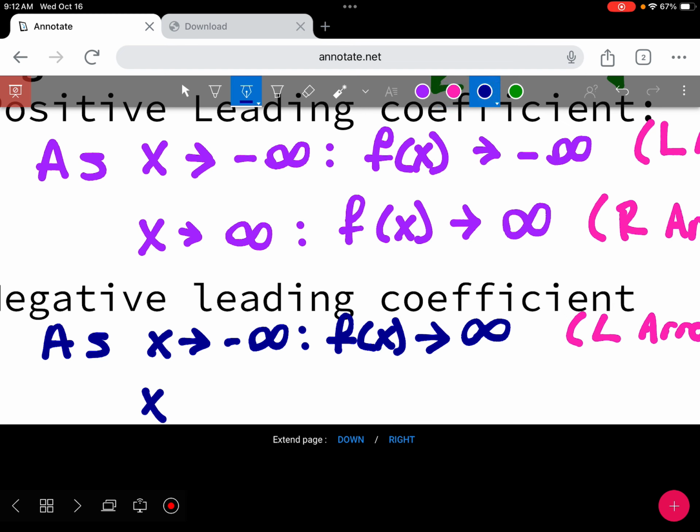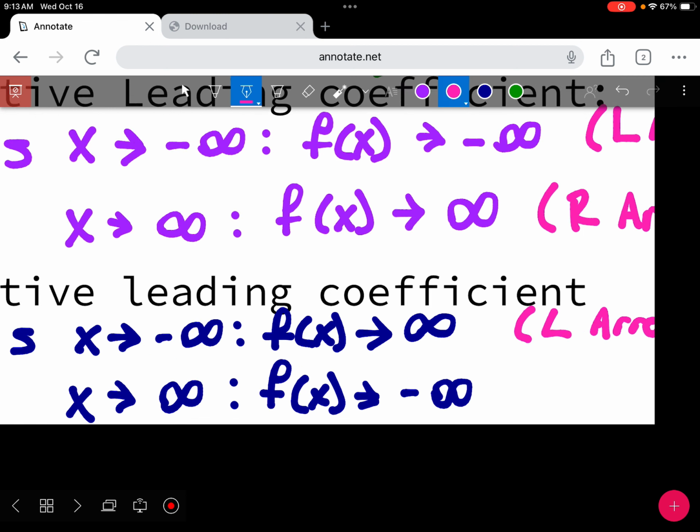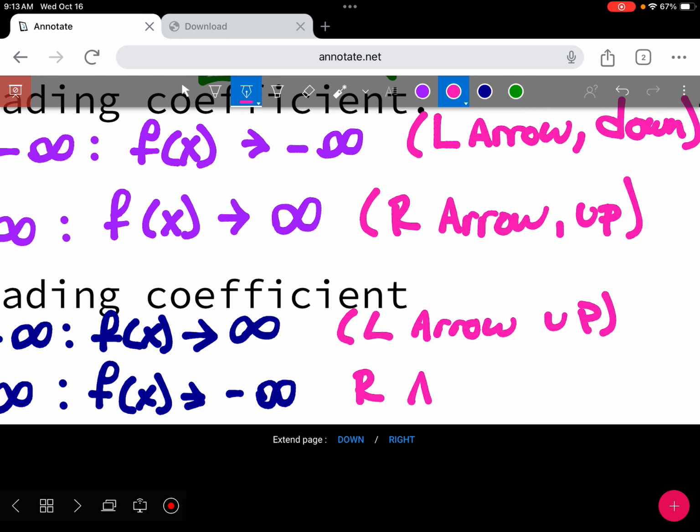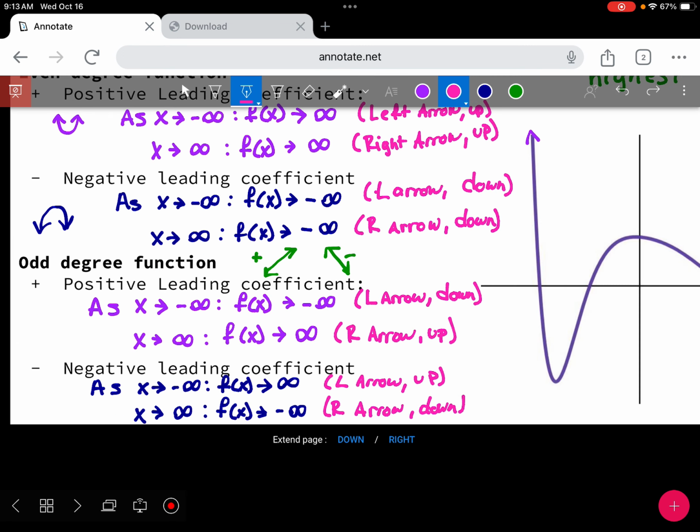And so my x approaching positive infinity, my f of x approaches negative infinity. Right arrow down. I just like to put it in words like we normally say, just because I feel like that does help.